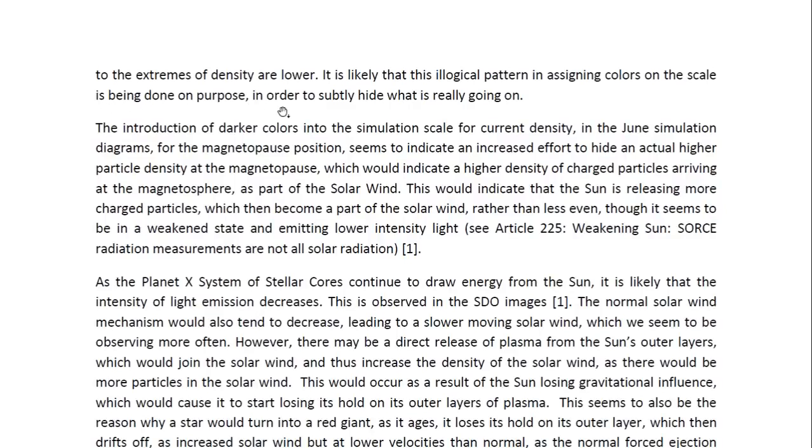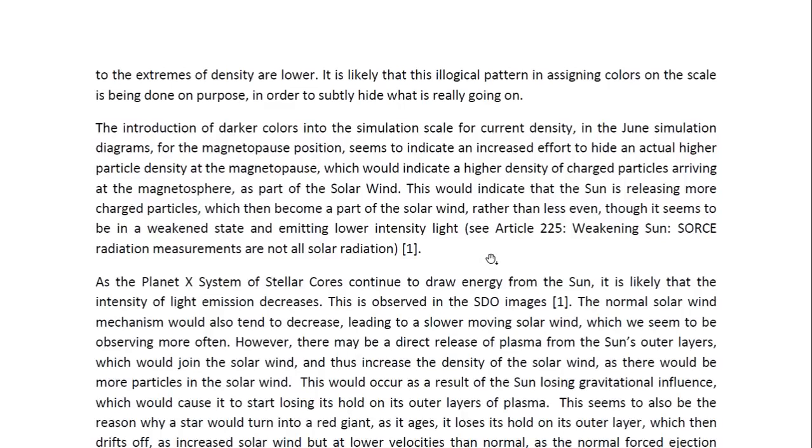And this seems to, I believe, be done on purpose and in order to subtly hide what is really going on. So the introduction of darker colors into the simulation scale for current density in the June simulation diagrams for the magnetopause position, which was the first shown in the first figures 2 and 3, seems to indicate an increased effort to hide an actual higher particle density at the magnetopause, which would indicate a higher density of charged particles arriving at the magnetosphere as part of the solar wind.